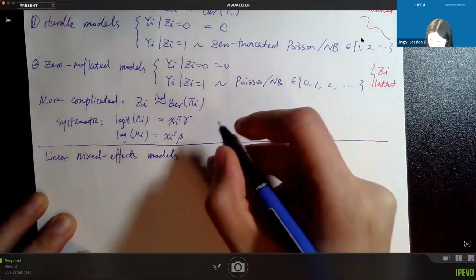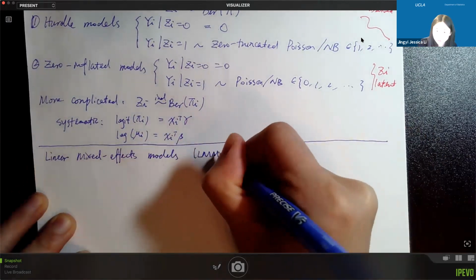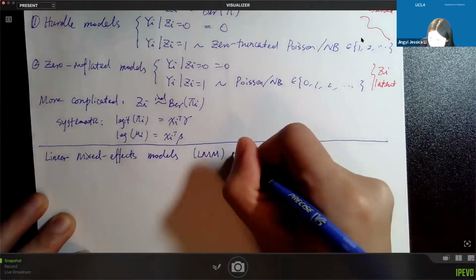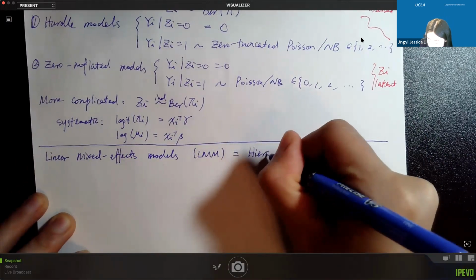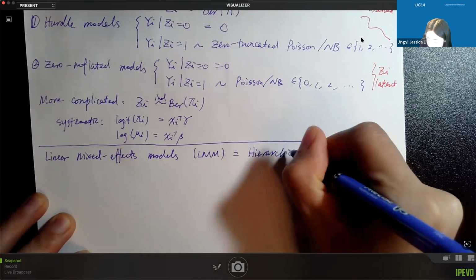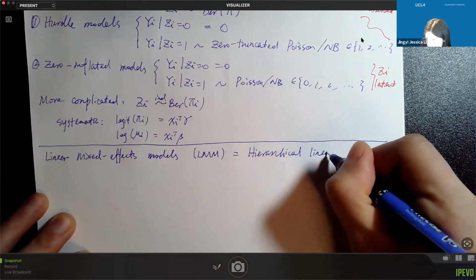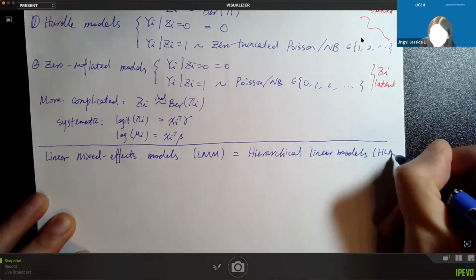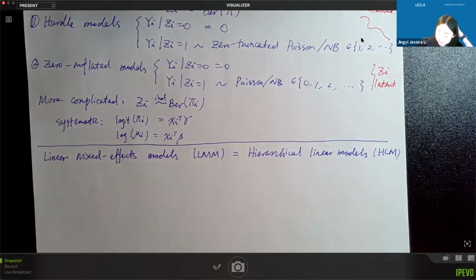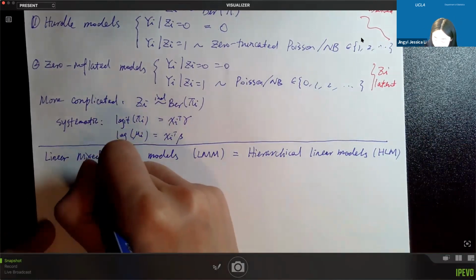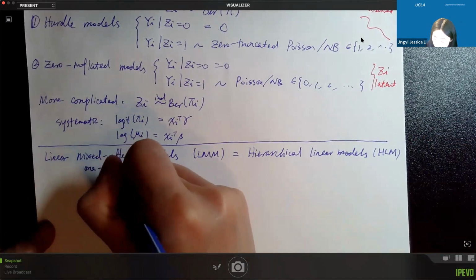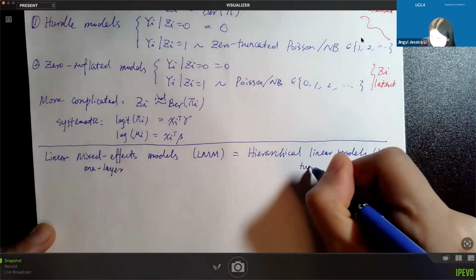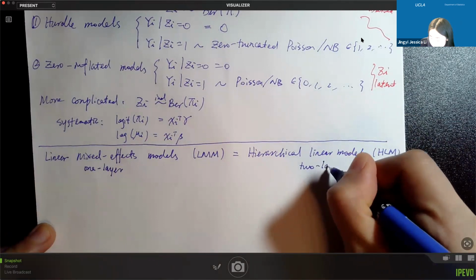This is short as LMM, or it can be written as hierarchical linear models, short as HLM. They are essentially the same thing, except that when we write LMM, we just write down the model in one layer. But when we write it as a hierarchical model, the model has two layers. We can see that later.